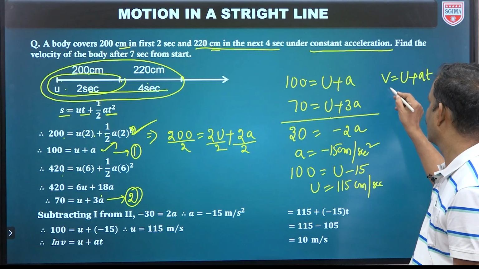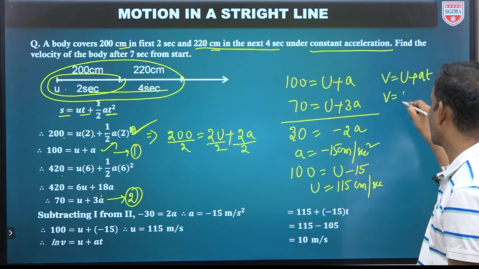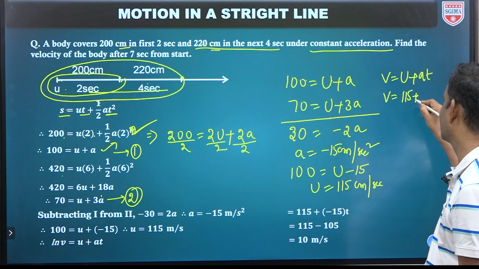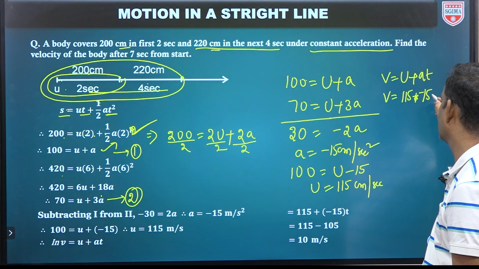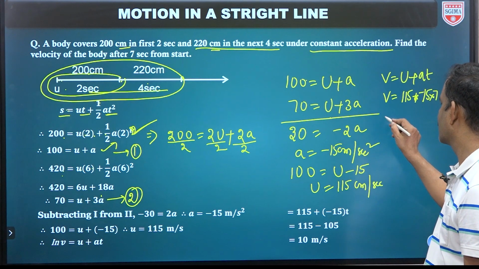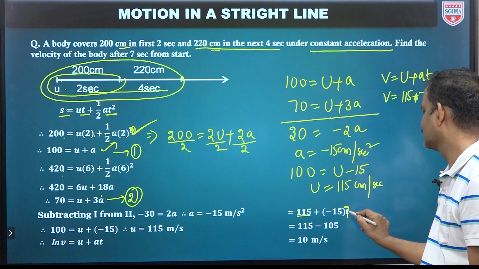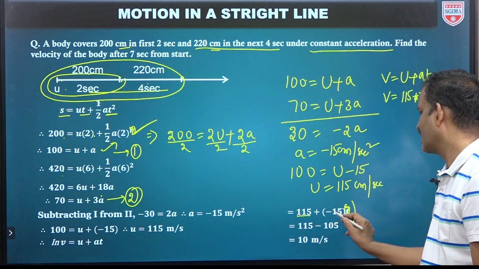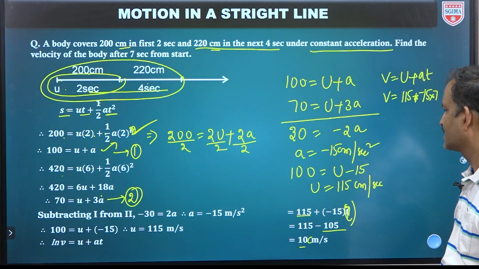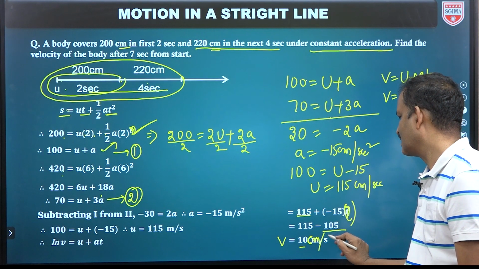I have v is equal to, u value is 115, plus a value is minus 15 into t, 7. So v is 115 plus minus 15 into time 7. So 115 minus, 15 sevens are 105. You will get 10 centimeters per second. That is the velocity. Velocity is 10 centimeters per second.